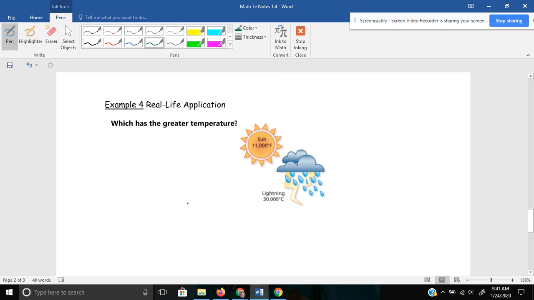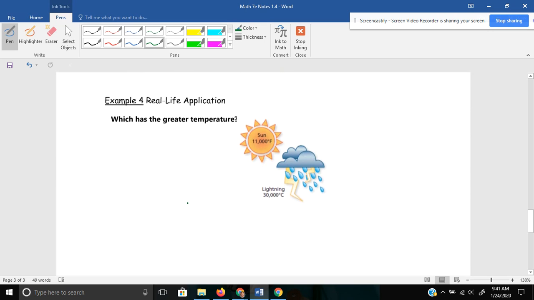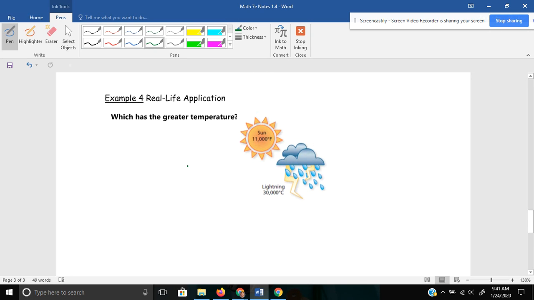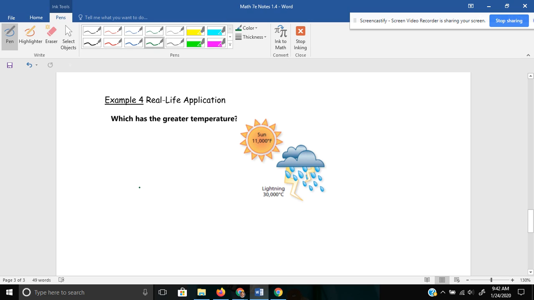There is no on your own for this last example, so I'd like for you to actually pause and try example 4 on your own and see how you do. It says which one is greater, the sun at 11,000 degrees Fahrenheit or lightning at 30,000 degrees Celsius?